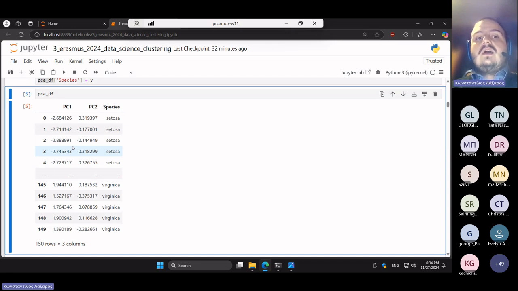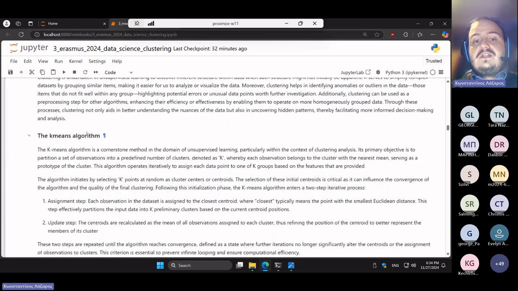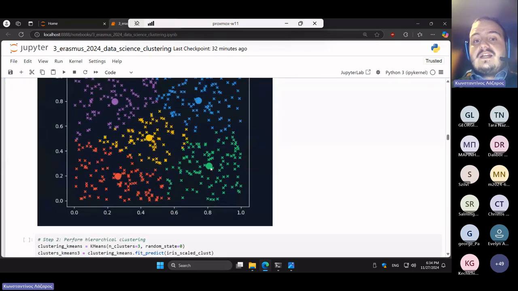So how do we do that? We are going to take every single one of the values for PC1 and PC2 for each point that belongs to a specific cluster, and we're going to find the mean or the average. So for example, what will happen in this case, I'm going back to the example, is that I'm going to take the average of all green points for PC1 and the average of all green points again for PC2. And the values that I'm going to calculate are going to be my new PC1 and PC2 for my centroid.